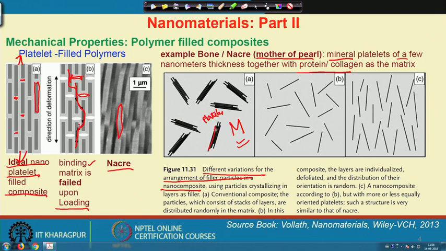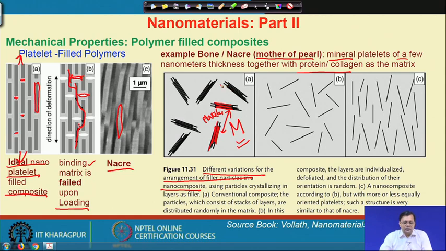You can see the crystalline platelets are agglomerated together, and these are actually multiple platelets. So, this distance is also high, and you do not get a very high strength, even though you expect that you have added some nanoplatelets here. This is a conventional composite, where the particles consist of stacks of layers distributed randomly in a matrix.